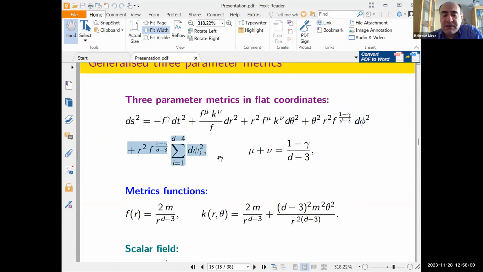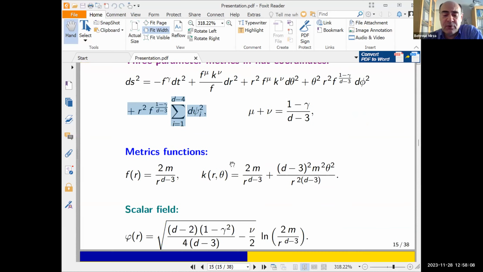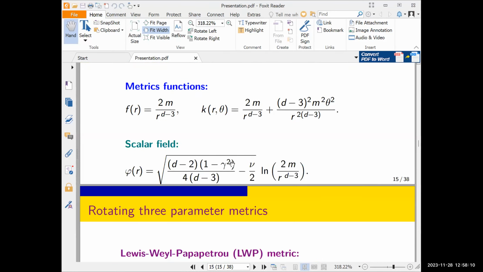As I said, it's an open question how to write this metric in Boyer-Lindquist form of coordinates.